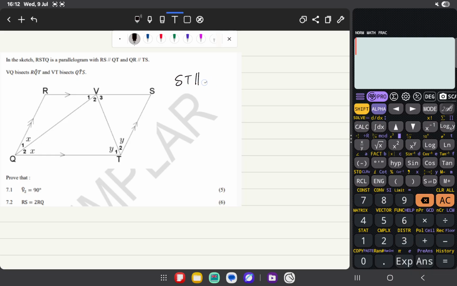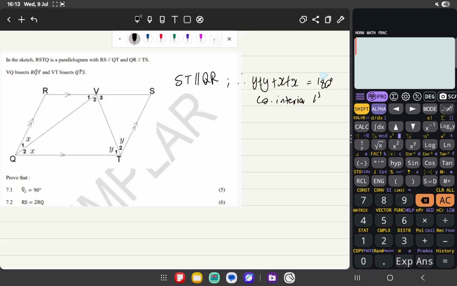ST is parallel to QR, right? And if that is the case, therefore y plus x equals 180 degrees, and my reason will be co-interior angles.